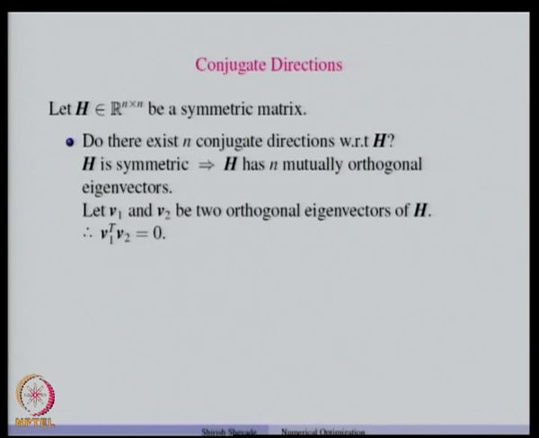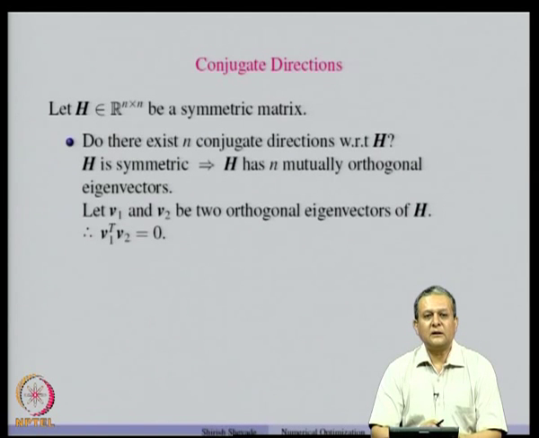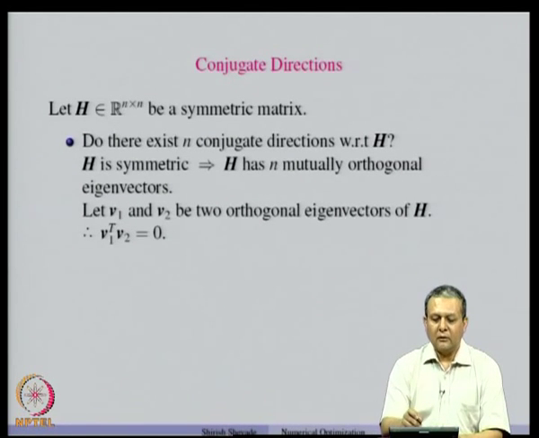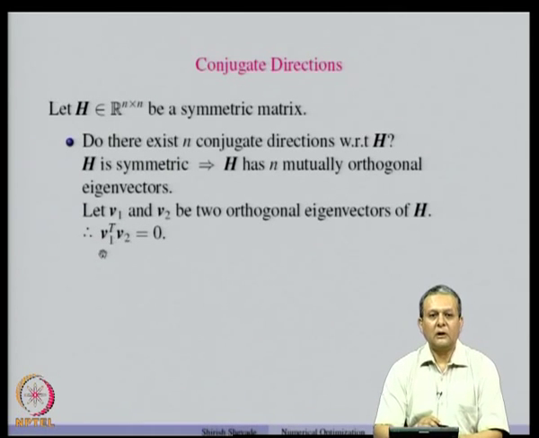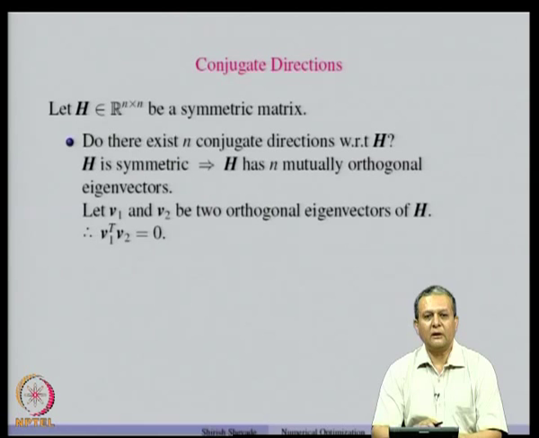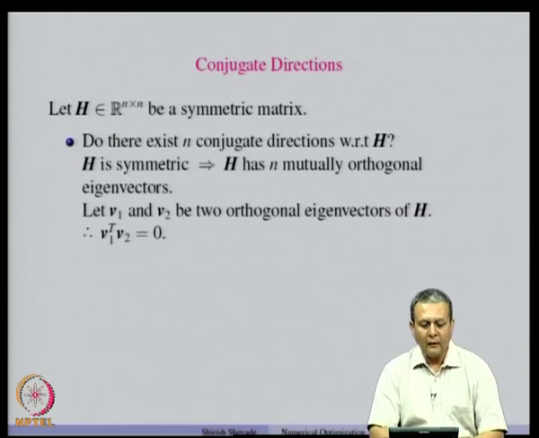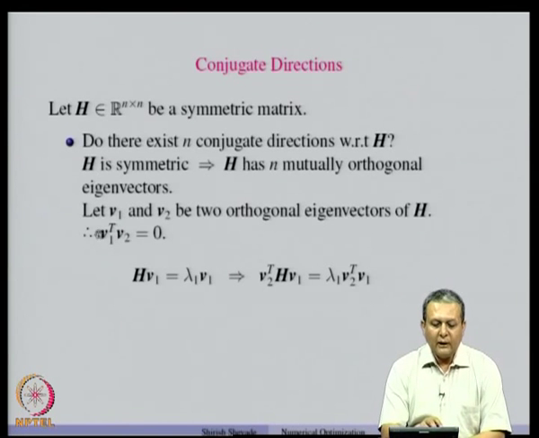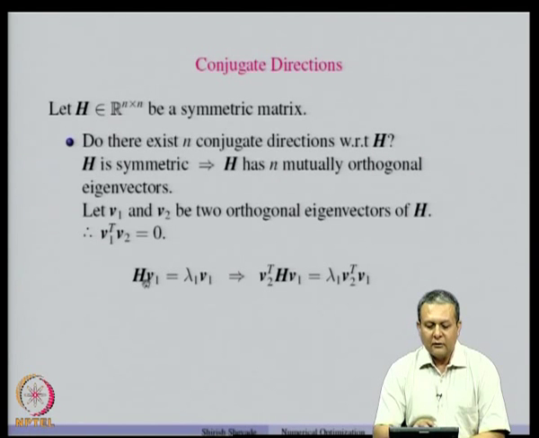Let V1 and V2 be two orthogonal eigenvectors of H, and since H is symmetric, we can choose V1 and V2 such that V1 transpose V2 equal to 0, or V1 and V2 are orthogonal. Now, since V1 is an eigenvector and V2 also is an eigenvector of H, we can write HV1 equal to lambda 1 V1, where lambda 1 is an eigenvalue of H. Remember that this is a symmetric matrix, so the eigenvalues are real. So, lambda 1 is a real number. So, HV1 equal to lambda 1 V1.